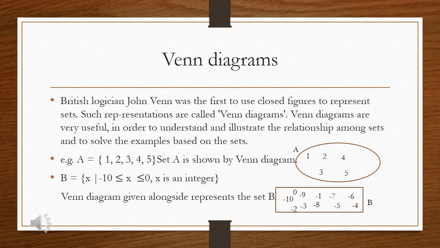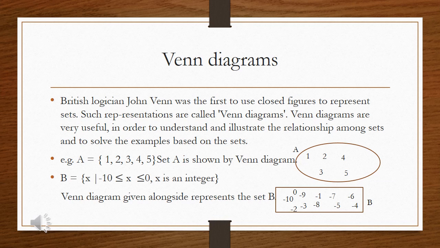So first we have to write this set in listing method form. The set B contains the elements 0, minus 1, minus 2, minus 3, minus 4, minus 5, minus 6, minus 7, minus 8, minus 9 and minus 10. That means we are taking the elements from 0, minus 1, minus 2 up to minus 10.